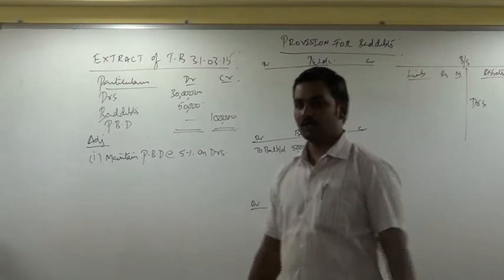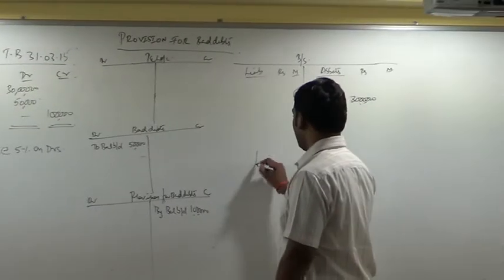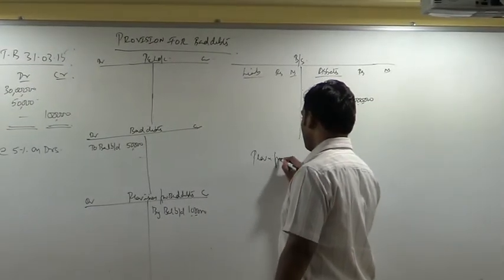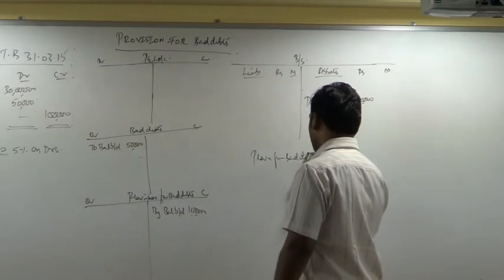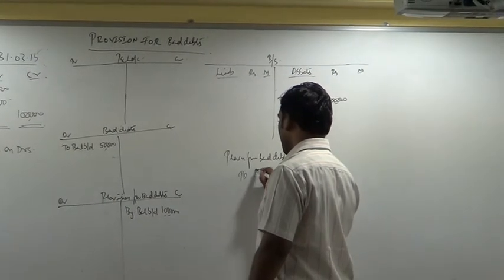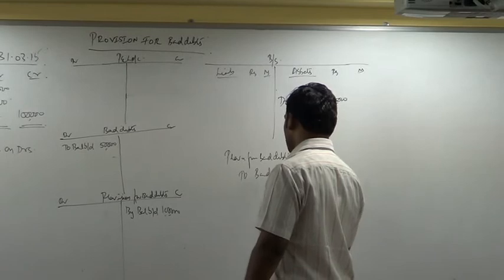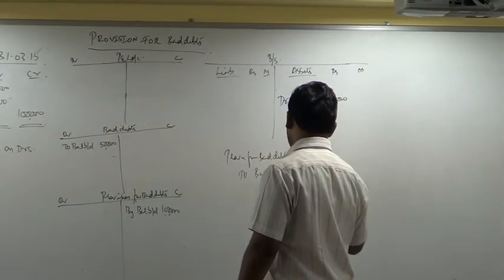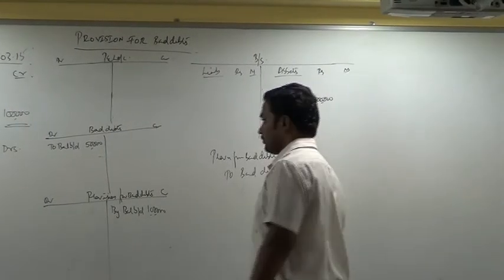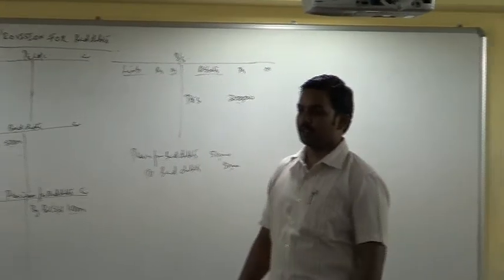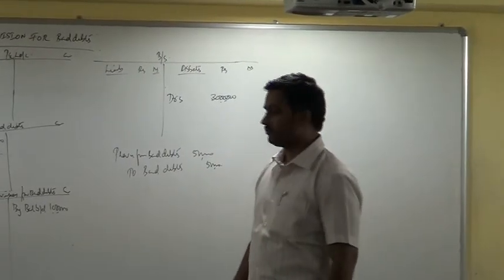So pass an entry below the balance sheet. Provision for bad debts account debit to bad debts account, how much? 50,000.